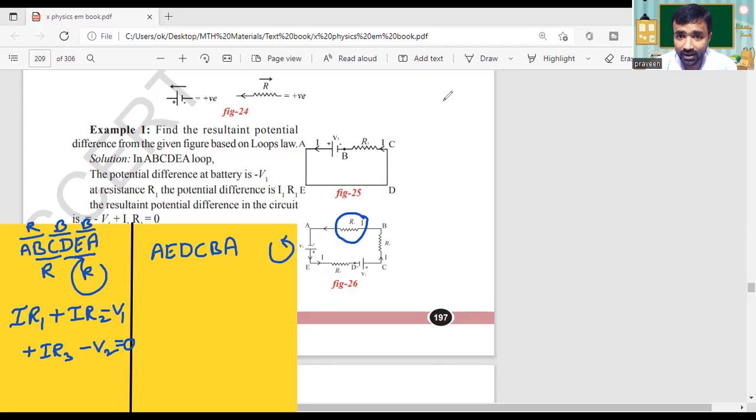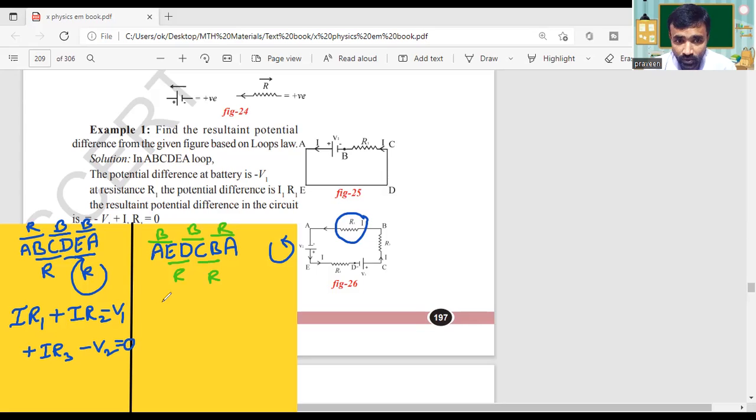Then I'll go for the anti-clockwise direction. In the anti-clockwise direction, A to E, there is a component, that is a battery. Next, E to D, there is a resistance. D to C, battery. C to B, resistor, and B to A, resistor. There are the same number of components in this direction, so 5.